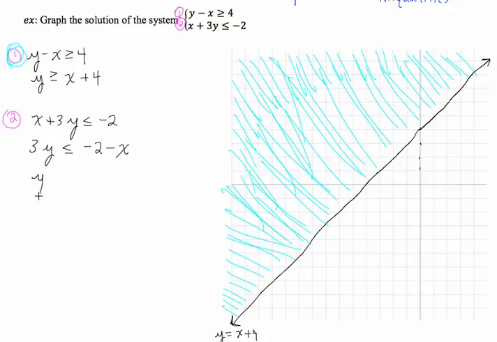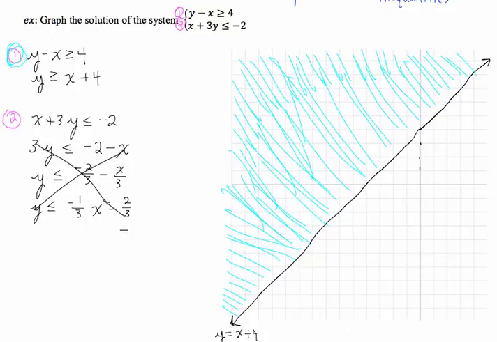Dividing both sides by 3, we'll have y is less than or equal to negative 2/3 minus x over 3. And I want to write that in standard slope-intercept form. So negative 1/3 x minus 2/3. Well, that's messy. Maybe we should graph that one a different way, because I don't want to graph points whose intercepts are fractions. So instead, actually, let's just forget I did that.